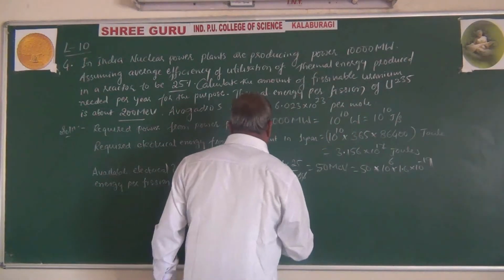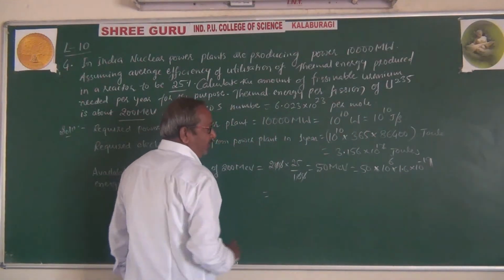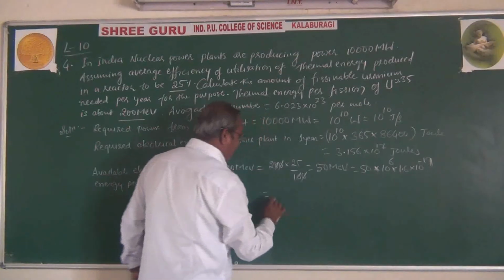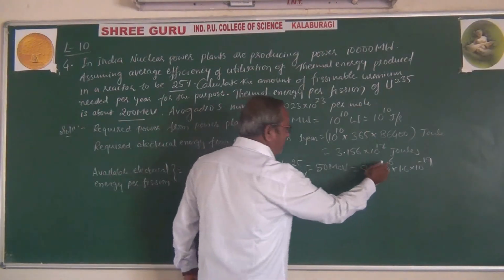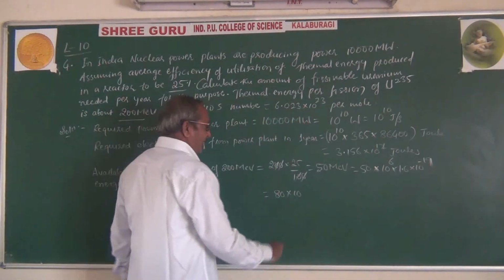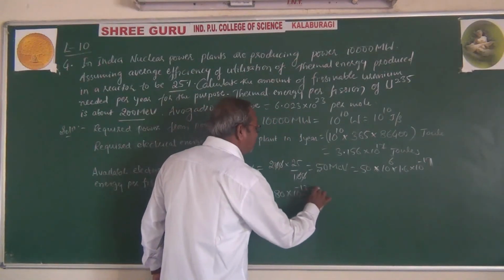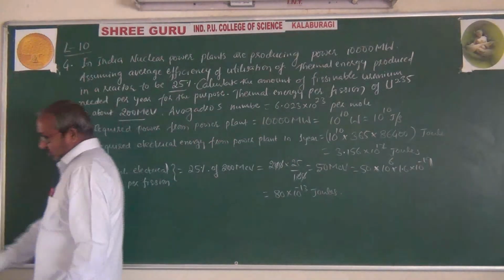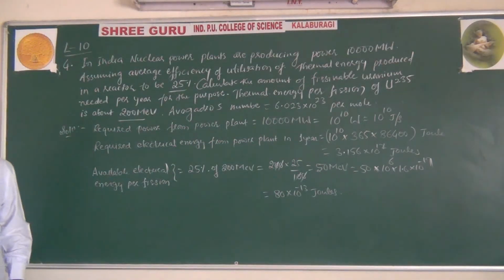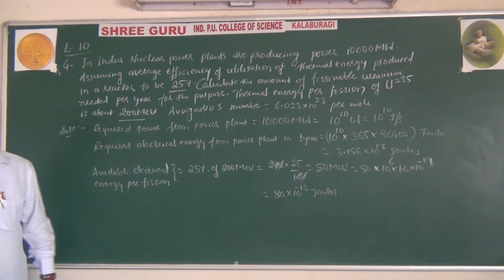So total it becomes 5 into 16, 80. 80 into 10 raised to 6 minus 19, that is minus 13 joule. This is 80 into 10 raised to minus 13 joules of energy.